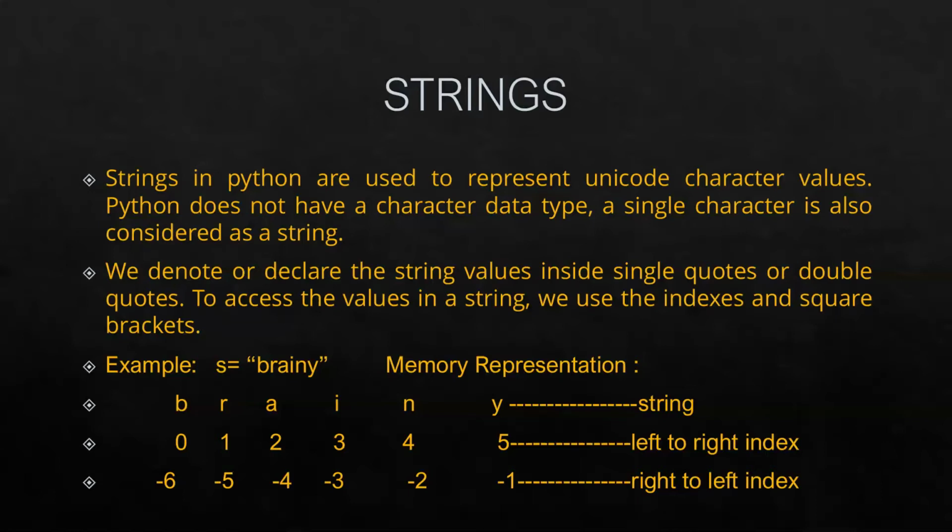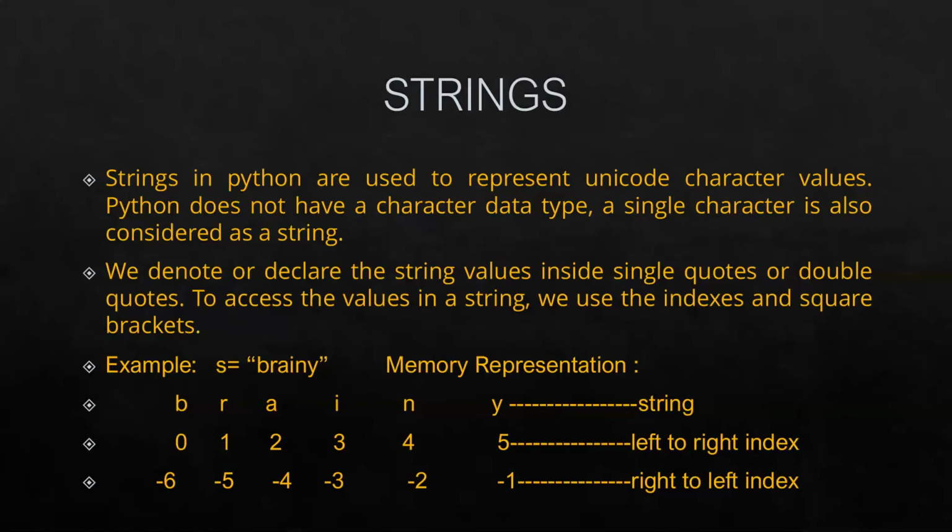There are two types of indexes to move through your string: left to right index and right to left index. First one is left to right index. For B, the index starts from 0, then R is 1, A is 2, and so on up to Y, which is 5. These are the indexes assigned in left to right format for our string brainy.